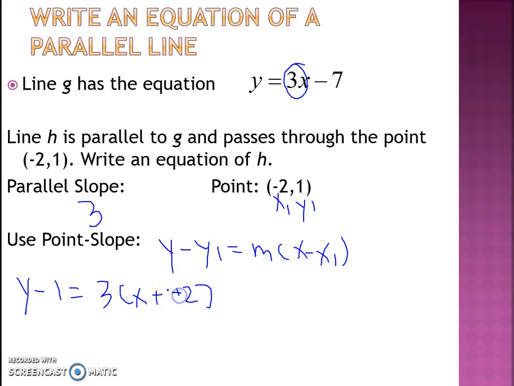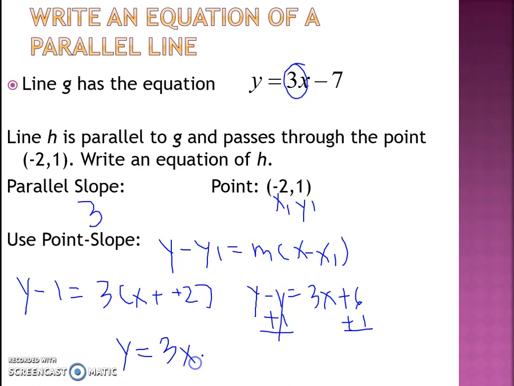Make those plus. Y minus 1 equals, do the distributive property, 3x plus 6. Plus 1 on each side. Y equals 3x plus 7. So this is your equation, this is your slope, and that's your y-intercept.